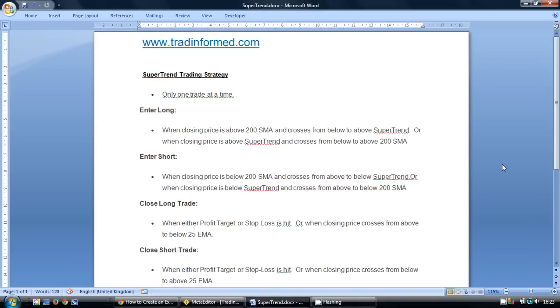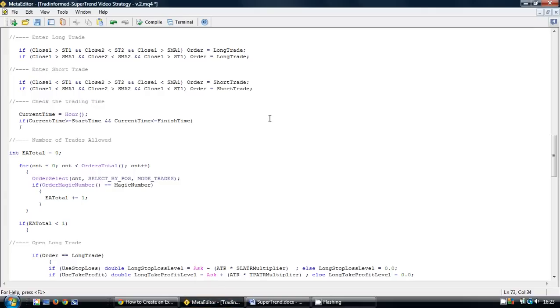Now this is the trading strategy that we're going to be following. We enter long when the closing price is above the 200 SMA and crosses from below to above the SuperTrend, or when the closing price is above the SuperTrend and crosses from below to above the 200 SMA. So in MQL4 language, we're going to write this out as the information here.